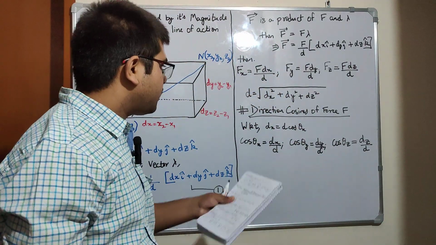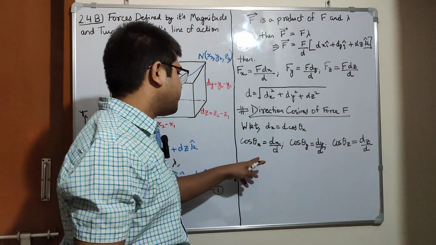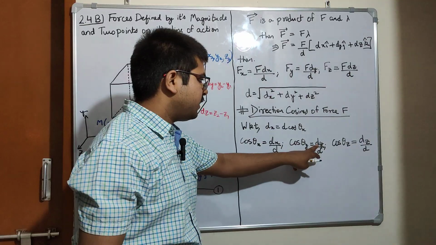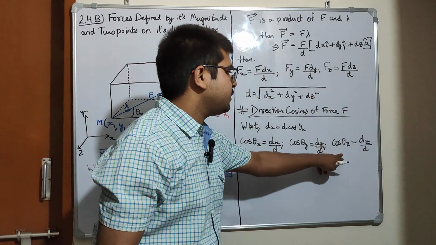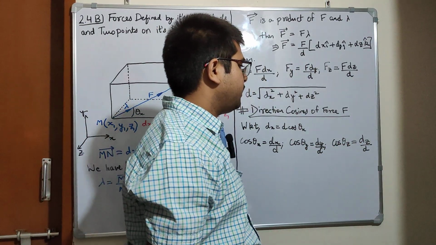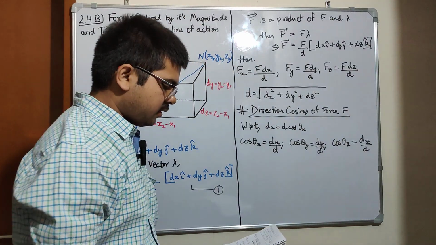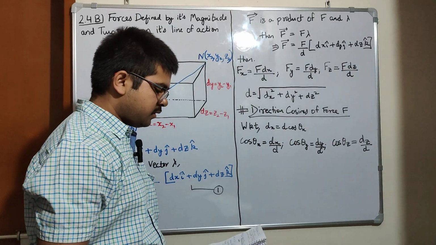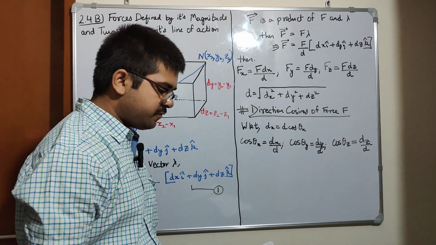So these are our three relations, direction cosines of force F. Cos theta x is equal to dx by d, cos theta y is equal to dy by d, and cos theta z is equal to dz by d. So that was for the direction cosines of force F.